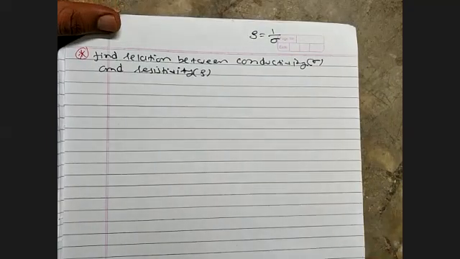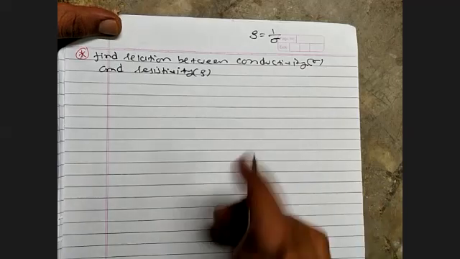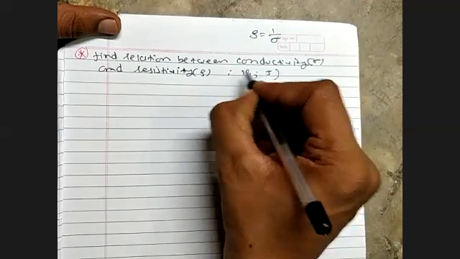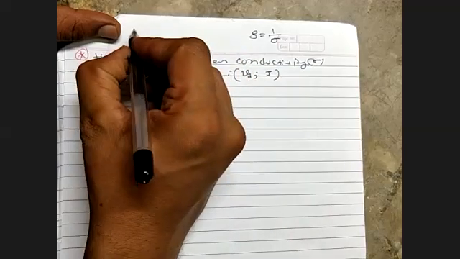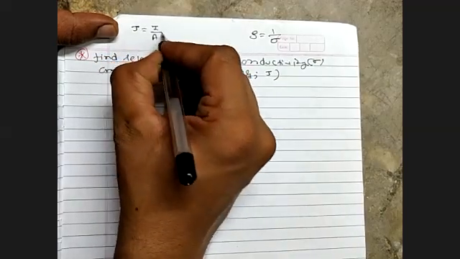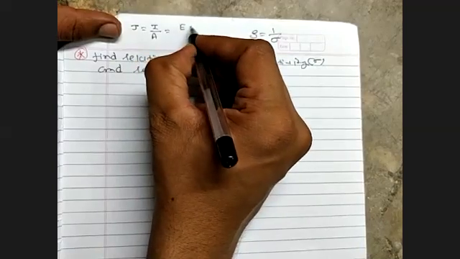In this case, we take the help of drift velocity Vd and current density J. We take the help of these two equations. As you know, current density J is equal to I upon A, and J is equal to E into sigma.